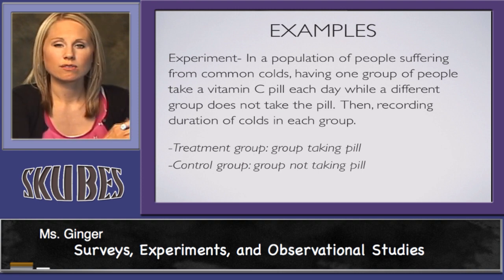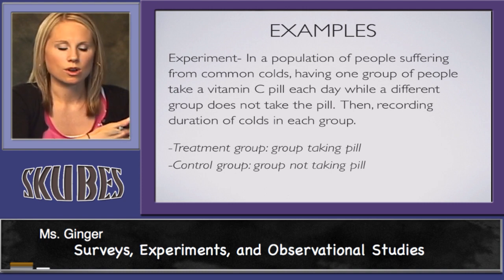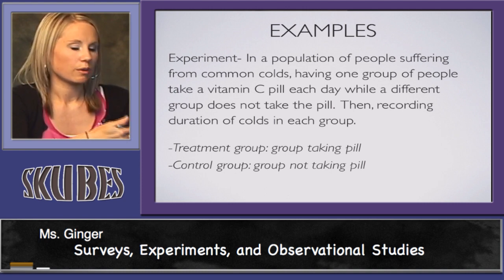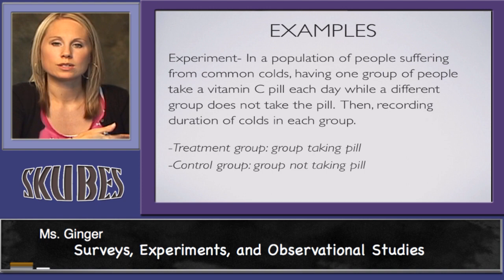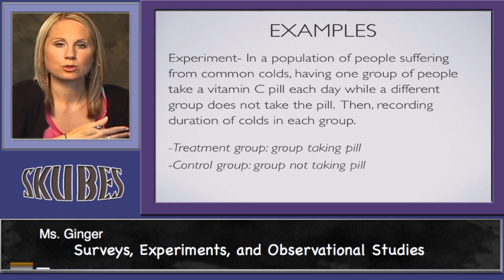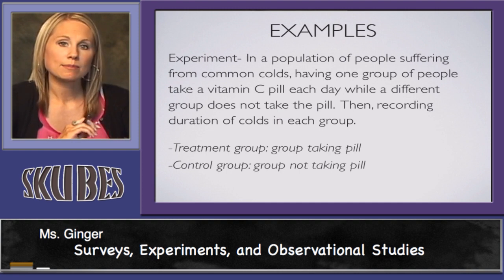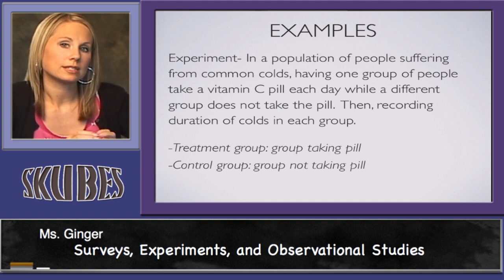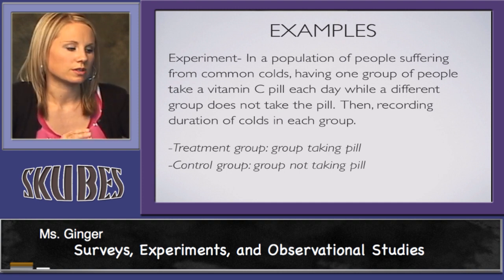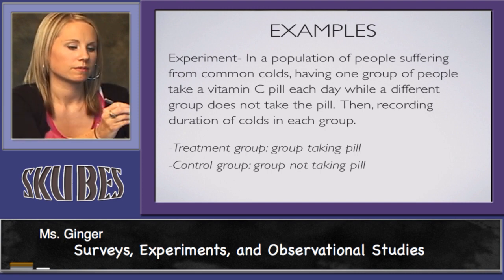And then at the end of the week or the month that I was doing this trial, I would record the duration of their colds and see if maybe there was a relationship between the vitamin C and the duration of their colds. And I'm doing the splitting of the groups, and I'm assigning who's taking the pill, so this is an experiment. I've got a treatment group and a control group.